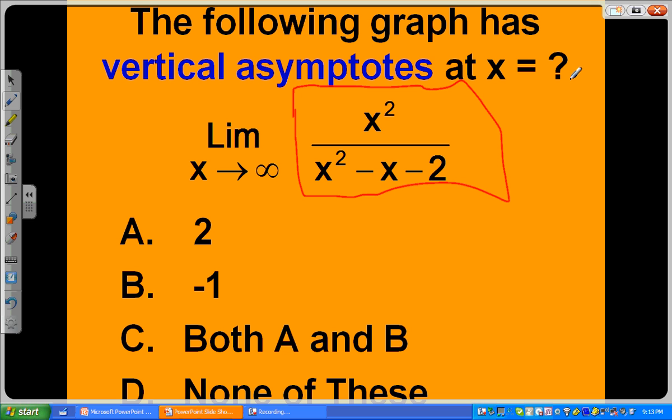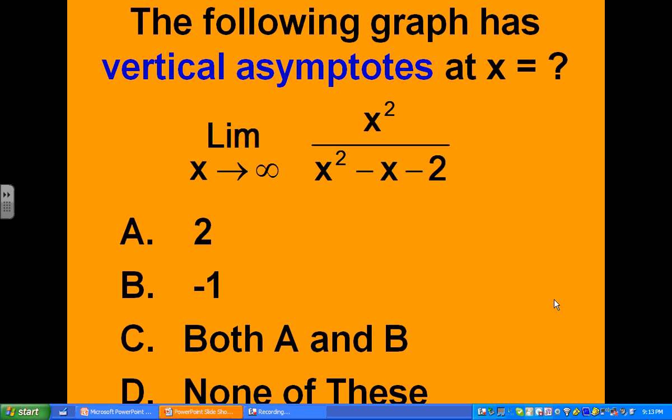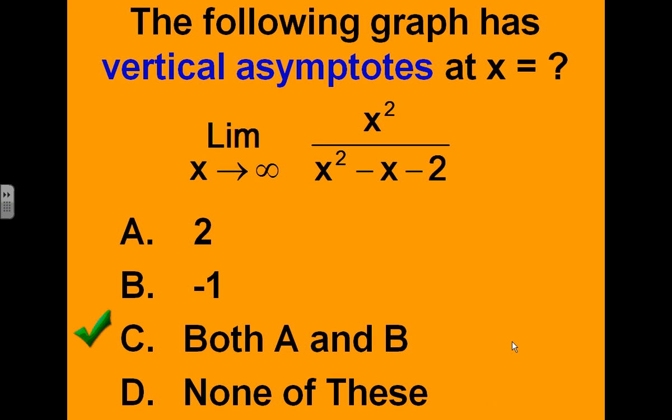Remember, that's where you have some number over 0. Hopefully you factored it, used your quadratic, whatever, and came up with 2 and negative 1. So they both were going to be vertical asymptotes at x equals 2 and x equals negative 1.